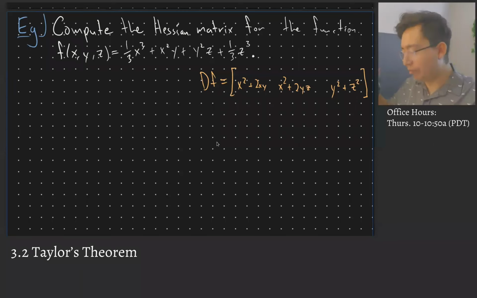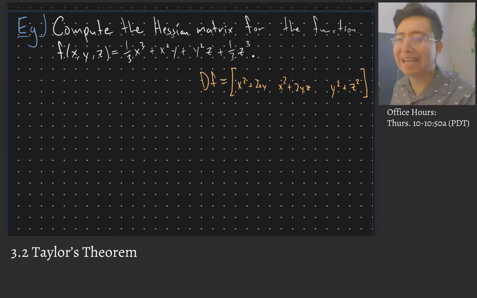Now we want what I like to call the matrix of second derivatives, or what we're calling the Hessian matrix. Notice I capitalize Hessian. Hessian matrix is named after a person, and so you always capitalize it. It's one of those things in math. A lot of stuff is named after people.